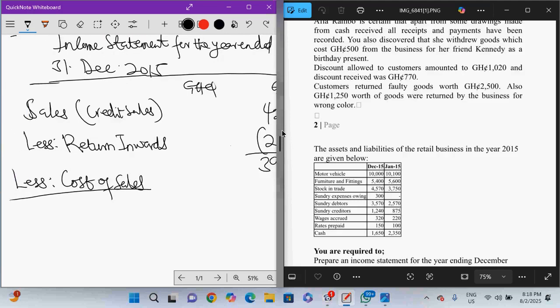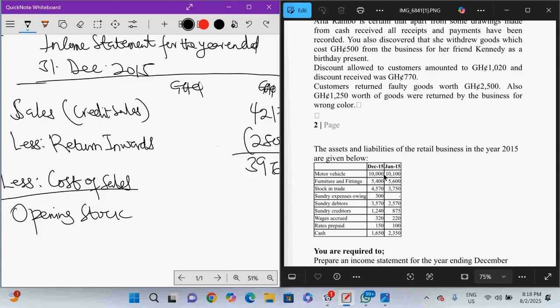First thing is the opening stock. Stock in trade. Can you see the stock in trade? That is 3750. That is the opening. Add purchases.